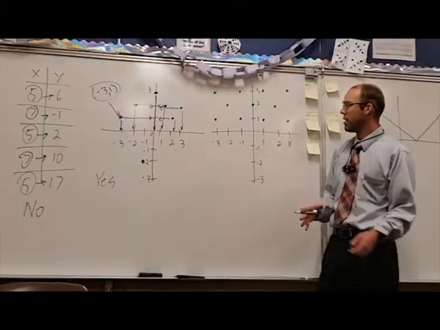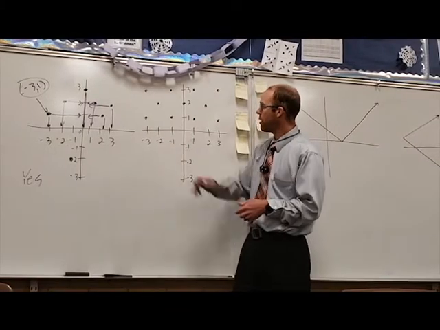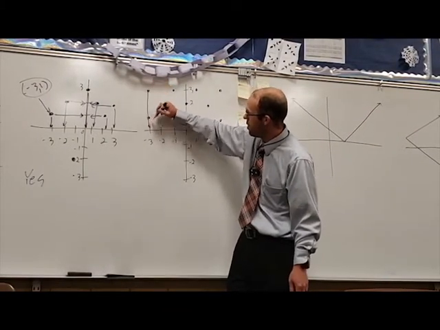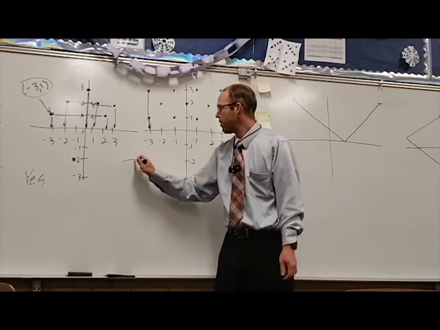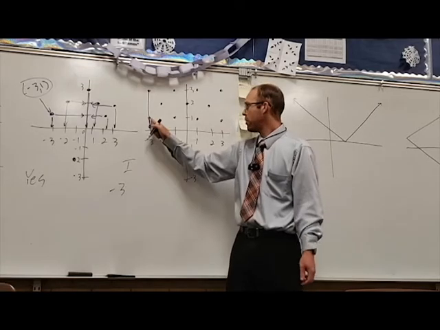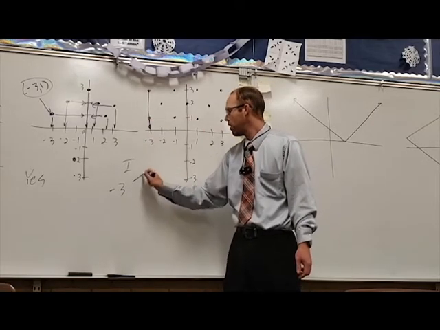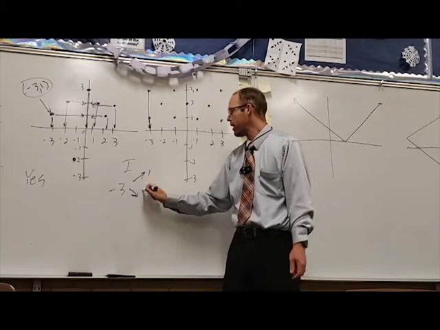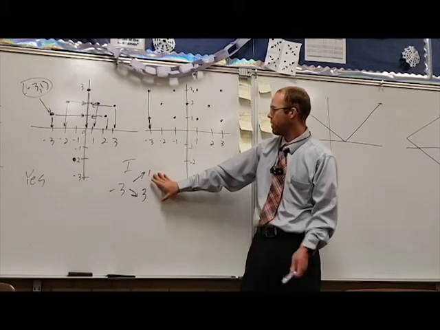Now this one is an example that is not a function. Let's take a look at these 2 points right here. Their input is both -3. So we have an input for these 2 points that are both -3. The output for this one is 1, and the output for this one is 3. So -3 has 2 separate outputs.